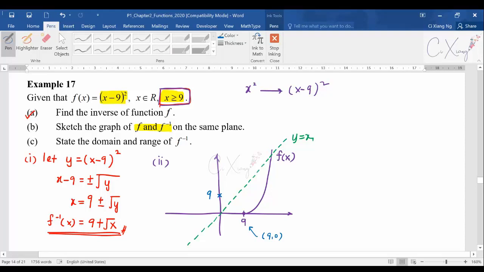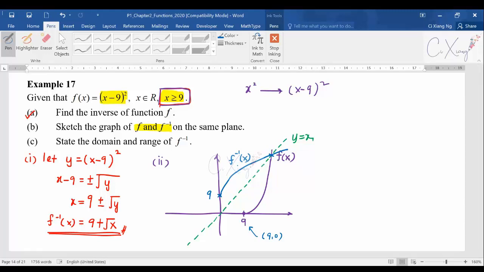The purpose is that I want you to know that your graph for inverse function will pass through this point also. You can imagine that if you want to draw your graph, it is reflected at y equals to x, so your graph will look something like this. The blue color one will be f inverse x.